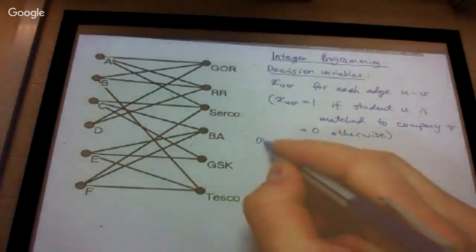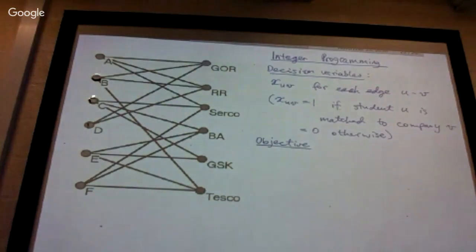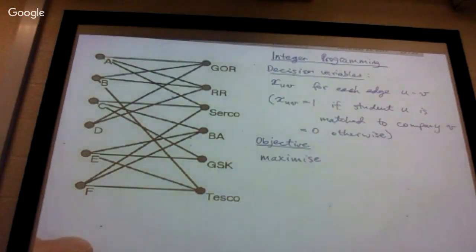And the objective is we just want to pick as many edges as possible. So we want to maximize the number of edges chosen. How do we find the number of edges chosen as a linear function of the decision variables? Any ideas?